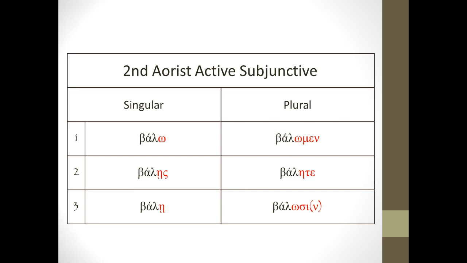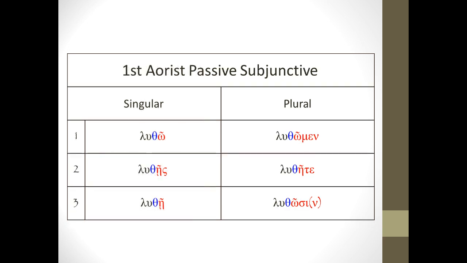Now, up to this point, you've been seeing that we have your active voice. Let's take a look now at your passive and middle voices. Just as you learned that there was a distinctive aorist passive in the indicative, there is also a distinctive aorist passive in the subjunctive. Okay.